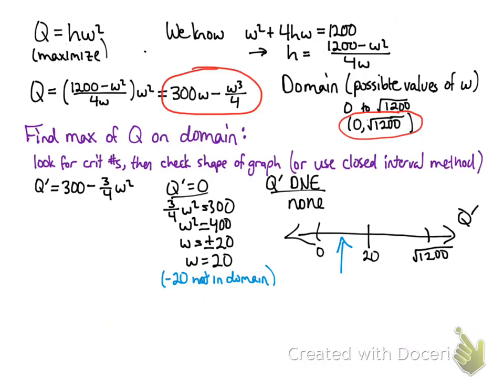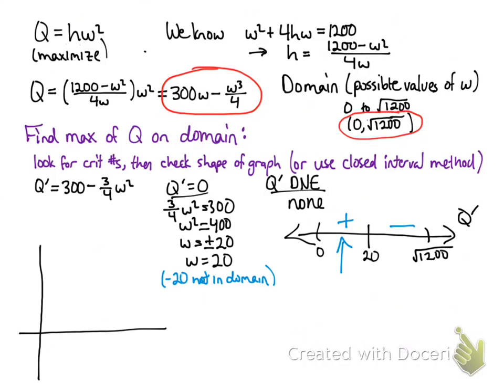So for example, w could be 1. That's clearly positive. On the other hand, if w is bigger than 20, I get a negative value for q prime. Like for example, 22. You can plug that in, and you get a negative number for q prime.